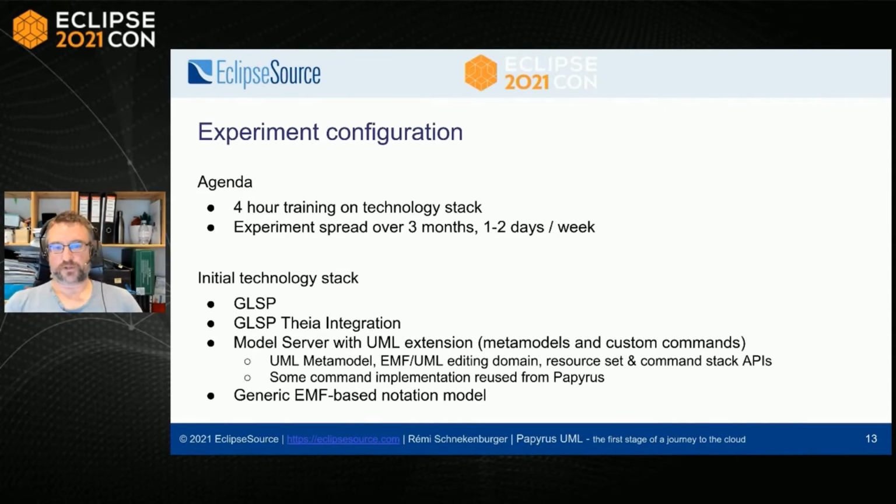We also provided some commands extracted from Papyrus itself to allow the addition of elements. Finally, to avoid using the notation-based model, we provided a very similar EMF-based graphical definition, which contains mainly nodes, links, and what element is represented.